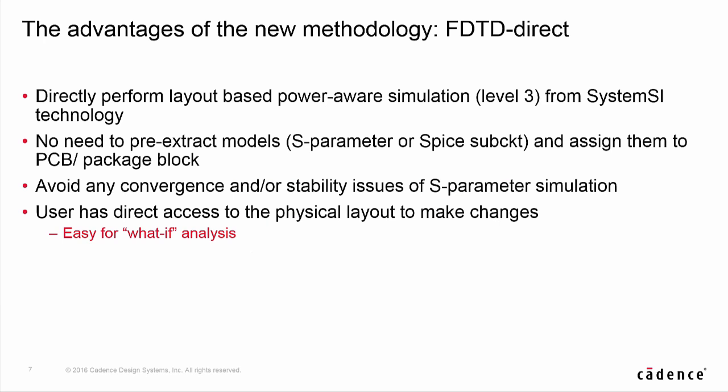With this flow, users don't need to extract models beforehand. That will help avoid certain convergence problems associated with SPICE-like simulators. More importantly, it's easy for users to perform what-if analysis by modifying the physical layout during system-level analysis.